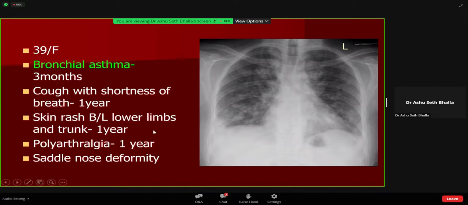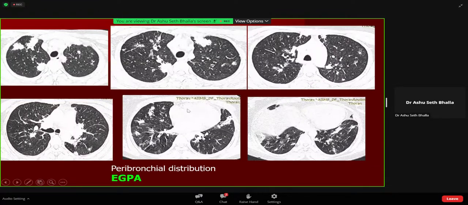But we have several other things in this patient which point towards an EGPA, because we do have skin rash and polyarthralgia, we have upper airway involvement, and ABPA also can show a whole lot of overlapping appearances.